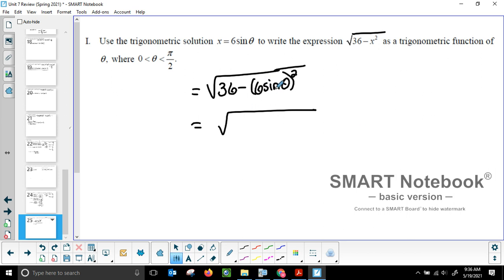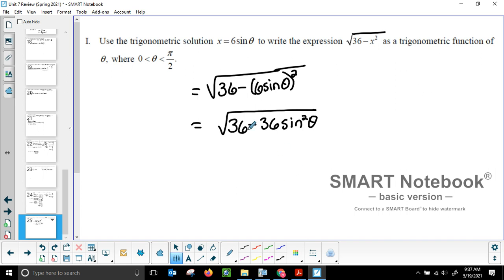All right, so 6 sine theta, guys, don't just write 6 sine squared theta. It's not. A lot of you did that on the last test with lots of things. All right, you have to square the whole thing. Remember, when you square something, it's being multiplied by itself. 6 sine theta times 6 sine theta, all right, is 36 sine squared theta.